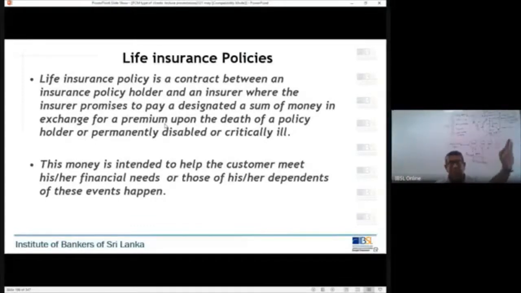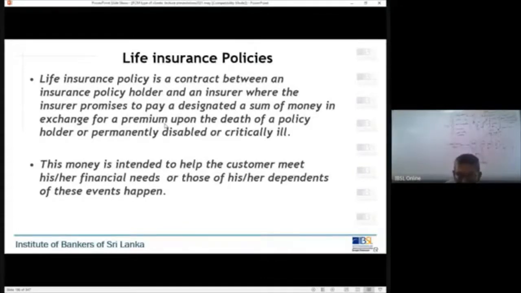That is what you call a life insurance policy. This money is intended to help the customer meet financial needs, or those of dependents, if these events happen. The policy holder can use the money for financial needs or for dependents after this happens.